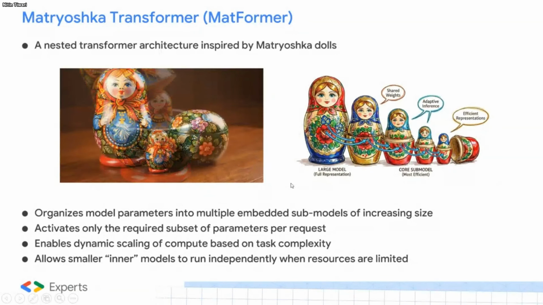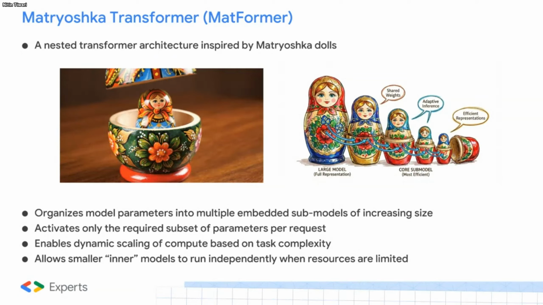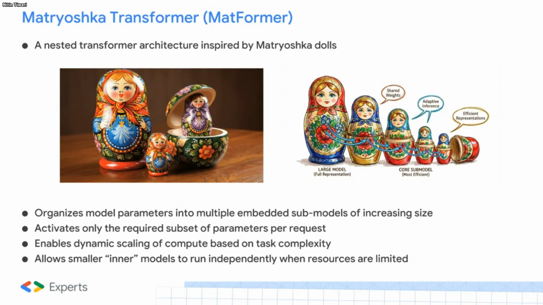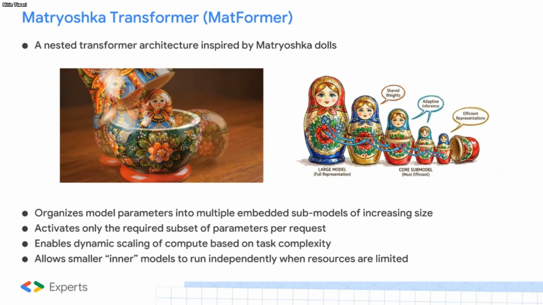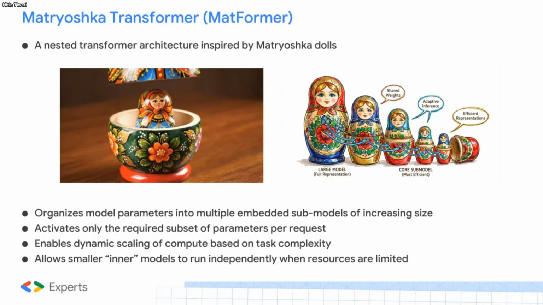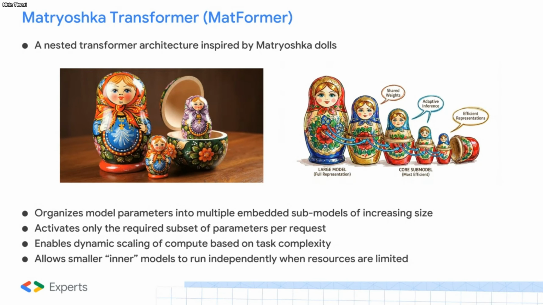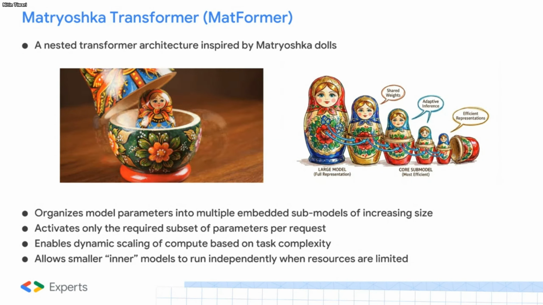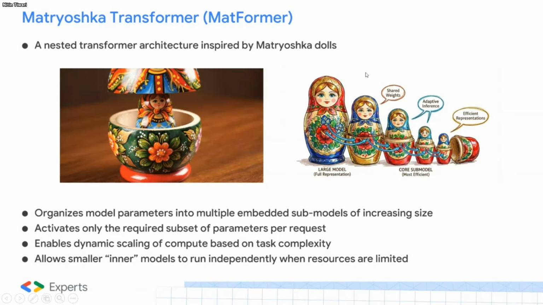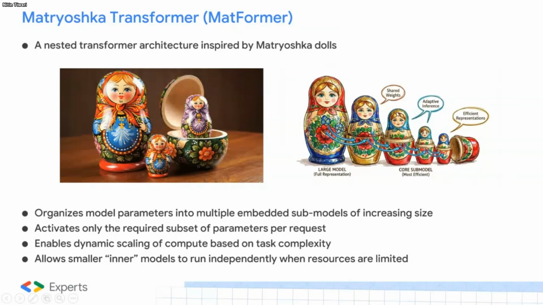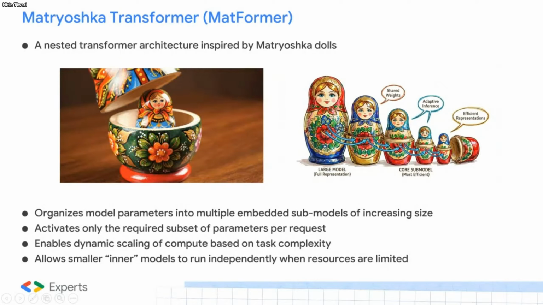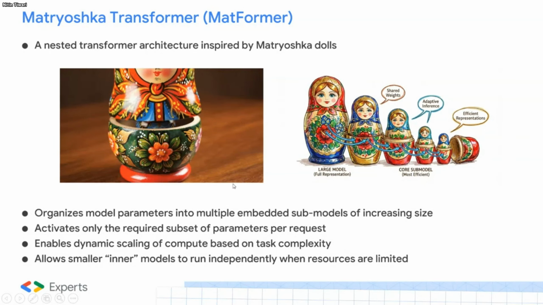Yeah, so we were talking about Matryoshka Transformer, and I hope you have seen these dolls. Matryoshka is a Russian doll, a toy where within a doll you'll find another doll. Think of each doll as a model, the bigger one being the bigger model, and each subsequent doll being a model of smaller size.